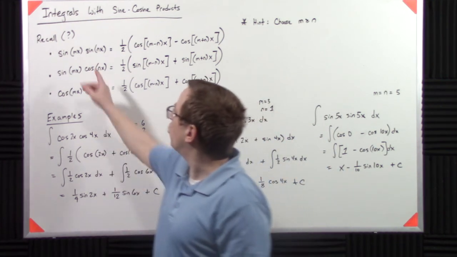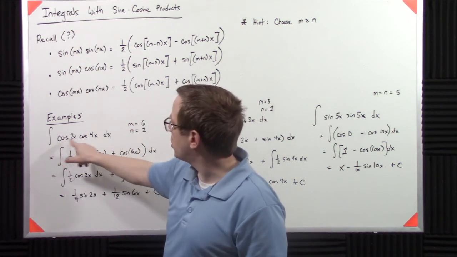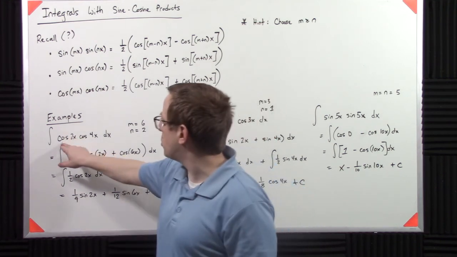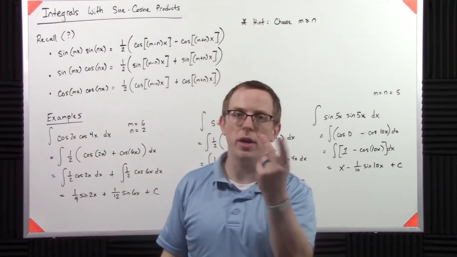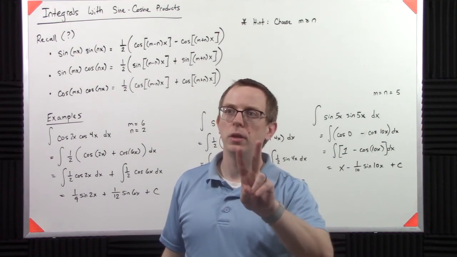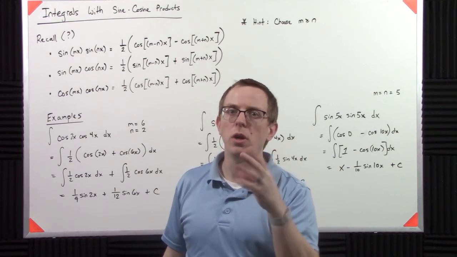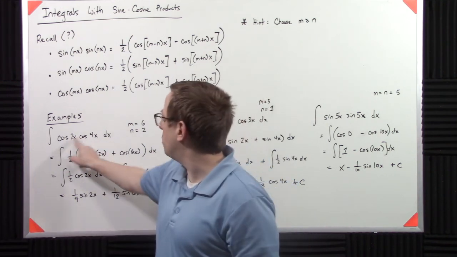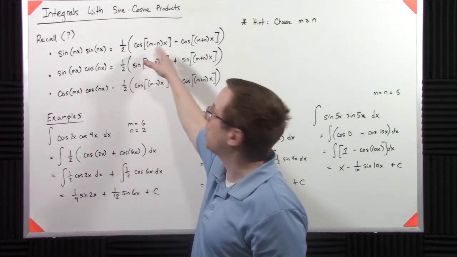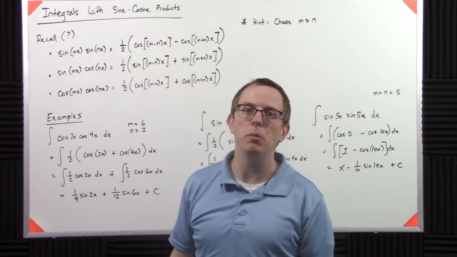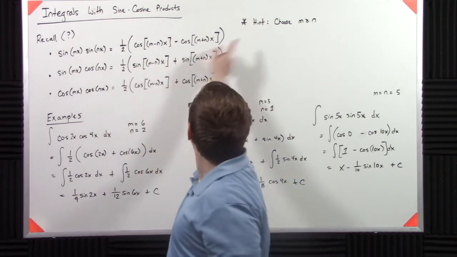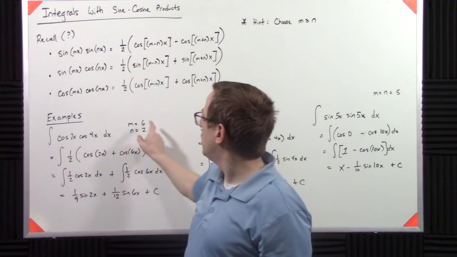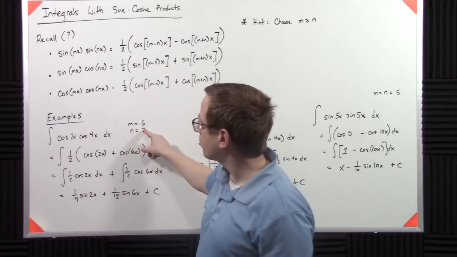Just because it's written cosine 2x, cosine 4x, there's no difference between that and cosine 4x times cosine 2x, because multiplication is commutative. So when you're dealing with this sort of thing, don't just pick m and n, because sometimes the negatives can mess you up. But if you pick m greater than or equal to n, rewriting it in a convenient way, you'll never get messed up here.